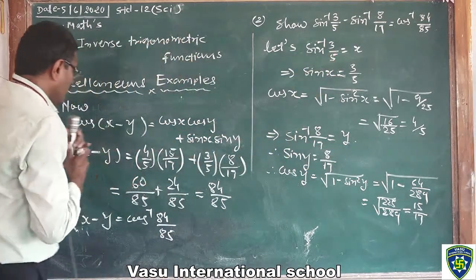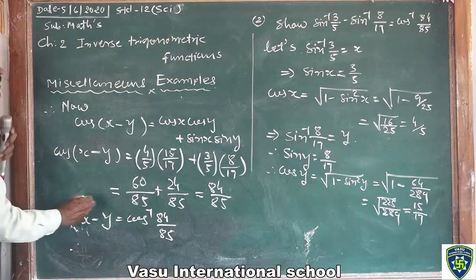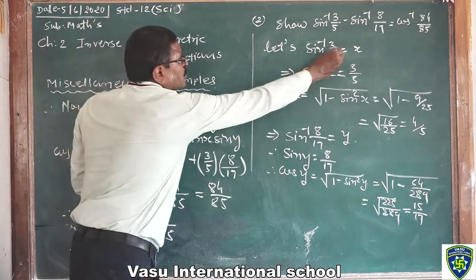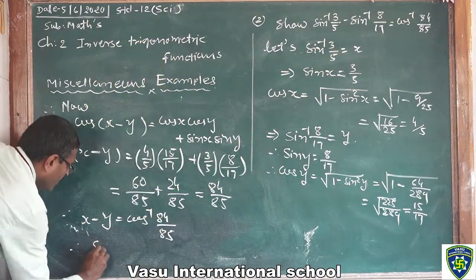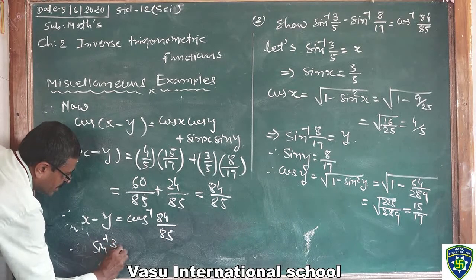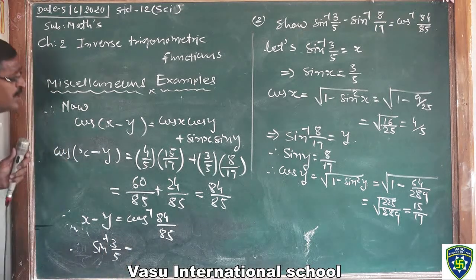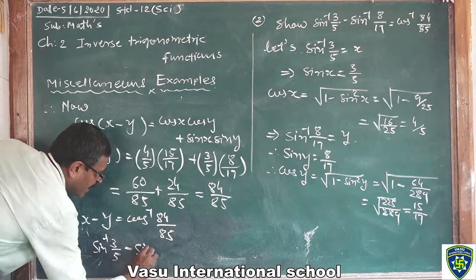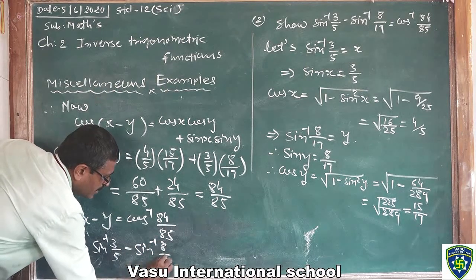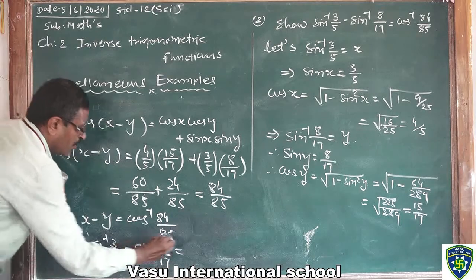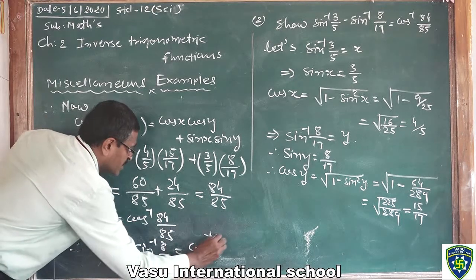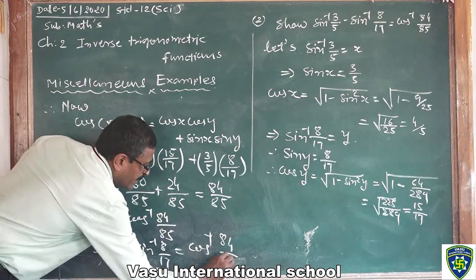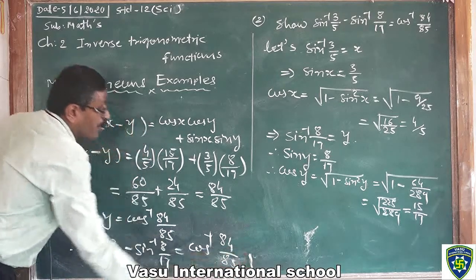Put the values. So x is sin inverse 3 by 5, minus y is sin inverse 8 by 17, which is equal to cos inverse 84 by 85. Hence proved. Clear, student?